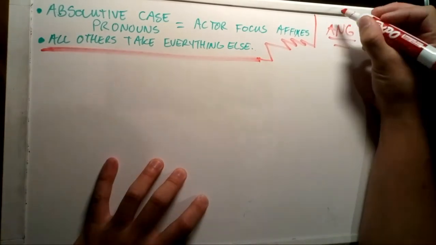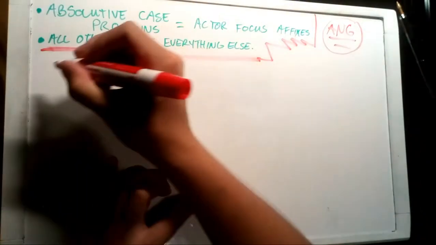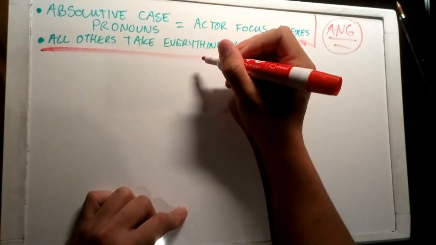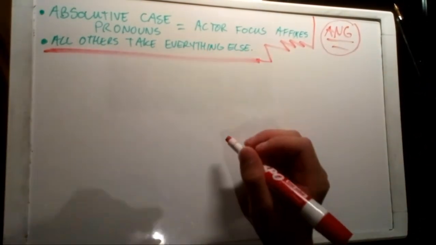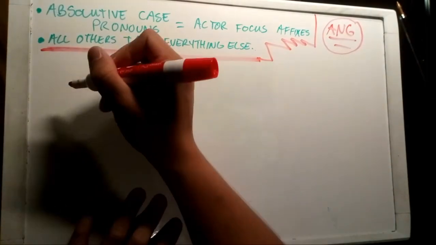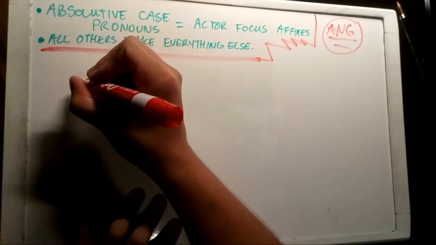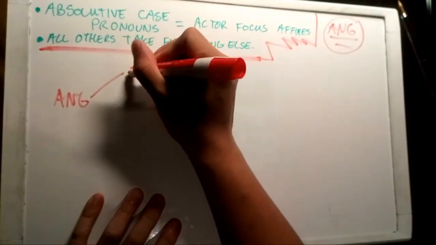Anyway, we're going to talk about this word ang. What is ang, okay? The ang family of markers is comprised of 4 different branches, right? We have 4 different parts of the ang family of markers. So the ang family consists of 4 things. Number 1 is si.